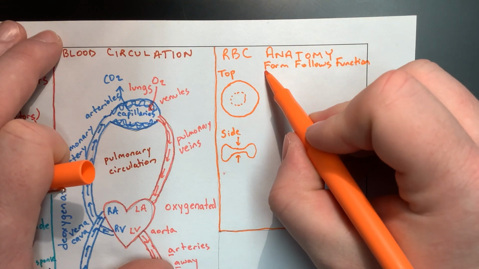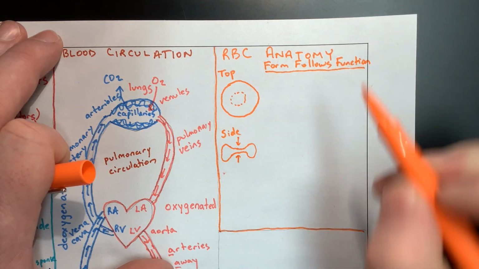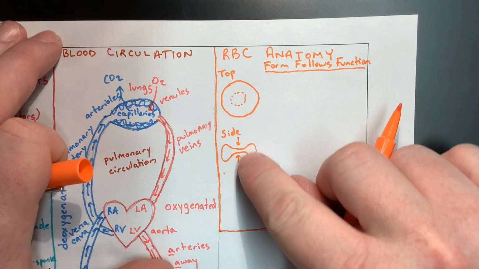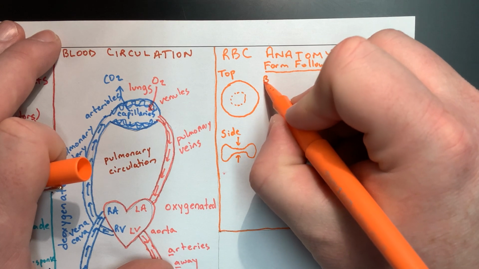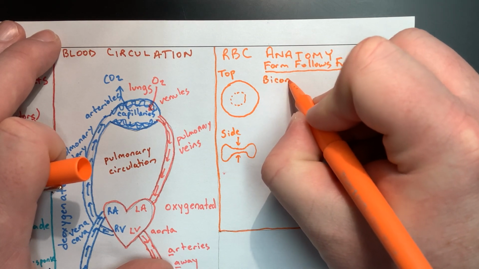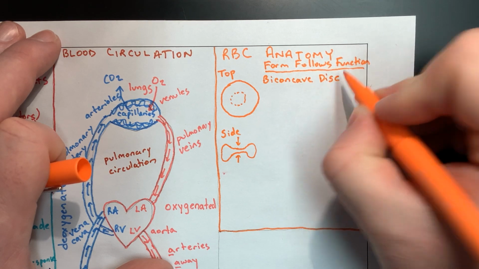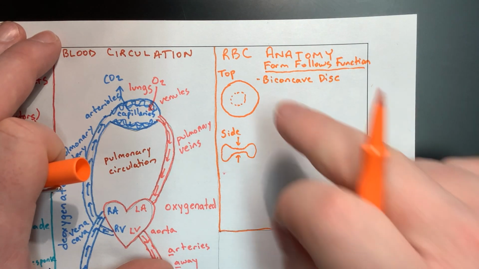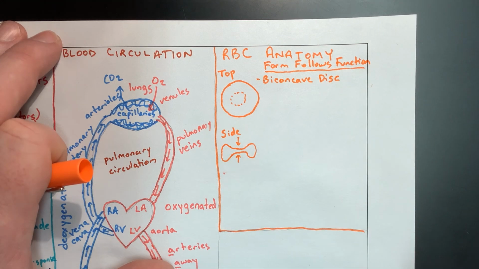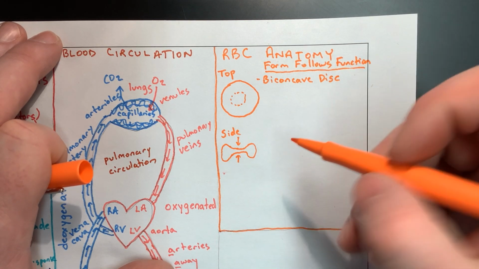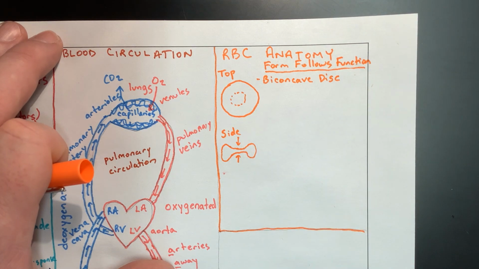That shape, a disc shape with depressions on both sides, is called a biconcave disc. In physics, you might know that concave is when things are pushed in, and convex is when things are pushed out. This is called biconcave because it's pushed in on both sides.